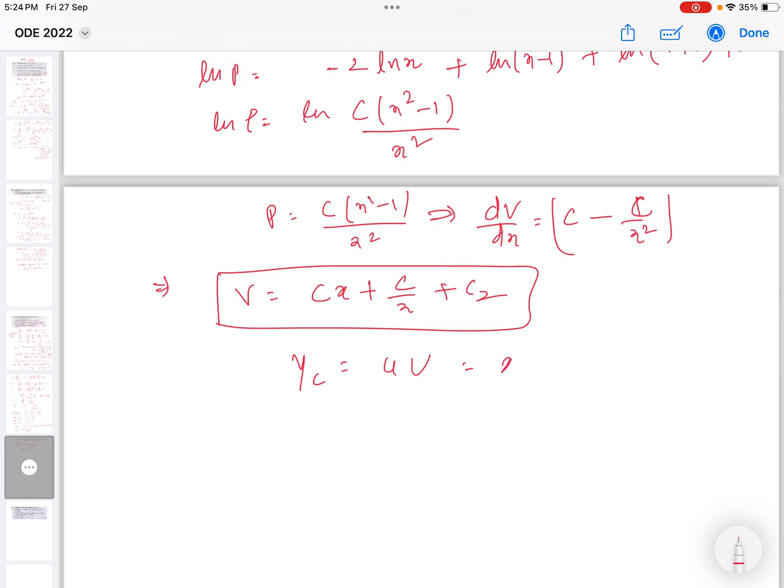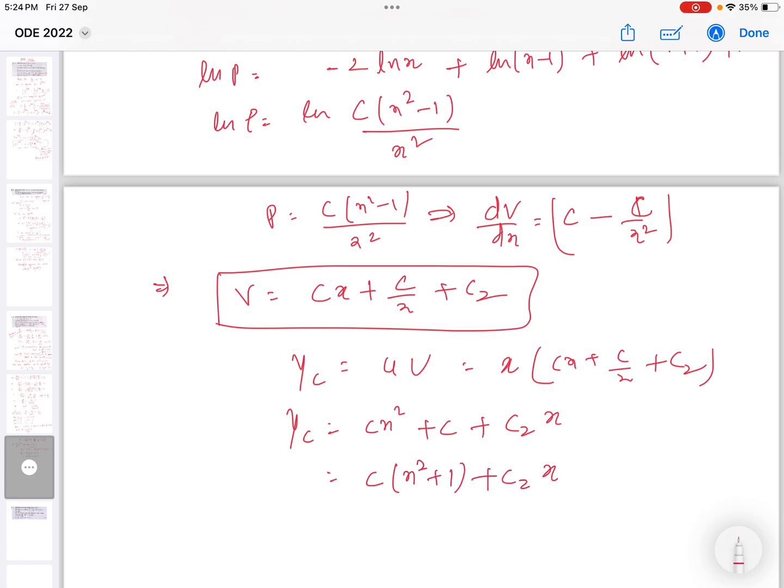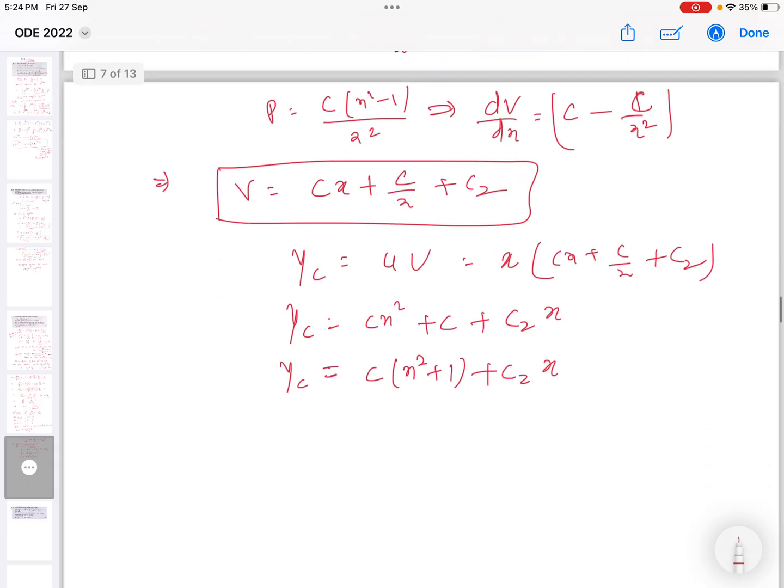So u is x, v is this. So yc is equals to c x squared plus c plus c2 x. If we segregate constant terms, then let's say c is c1. This is the general solution of the equation.